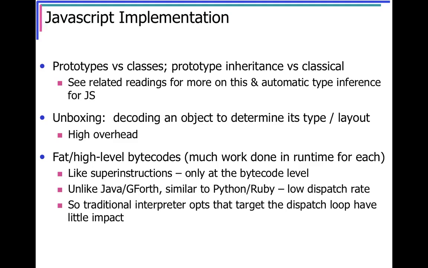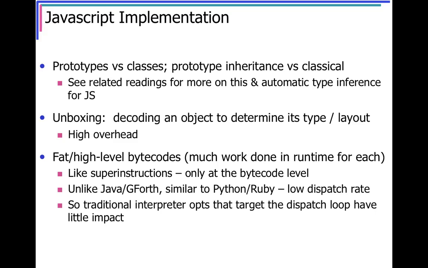The other thing about JavaScript is that most implementations don't have any bytecodes at all; they just operate on source. Some JavaScript implementations operate on bytecodes, like the one we're talking about today, SpiderMonkey and TraceMonkey. The bytecodes, however, are still very fat. They're very high level.